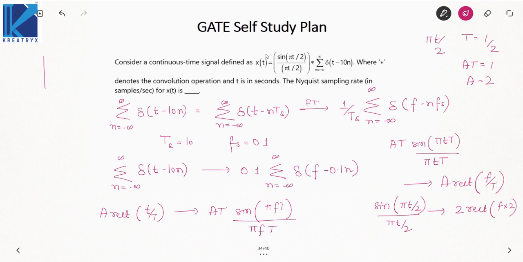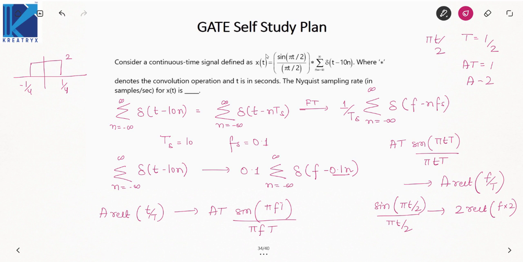That means the rectangular function has an amplitude 2 and it is existing between minus 1 by 4 to plus 1 by 4. Now if you see, this impulse train has impulses at 0.1, 0.2, 0.3, like that.